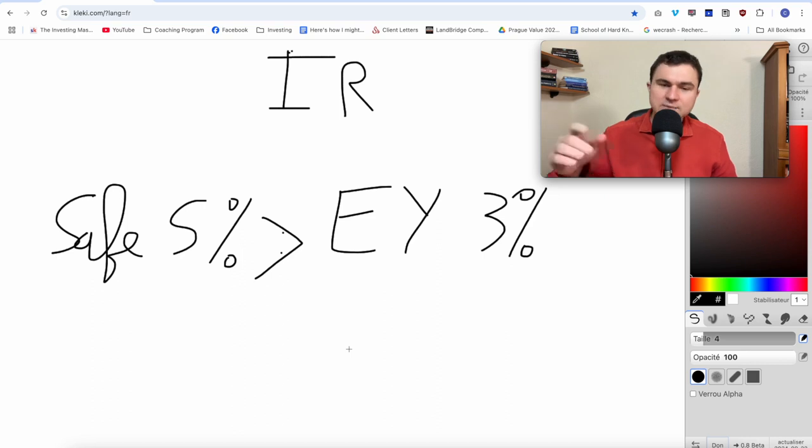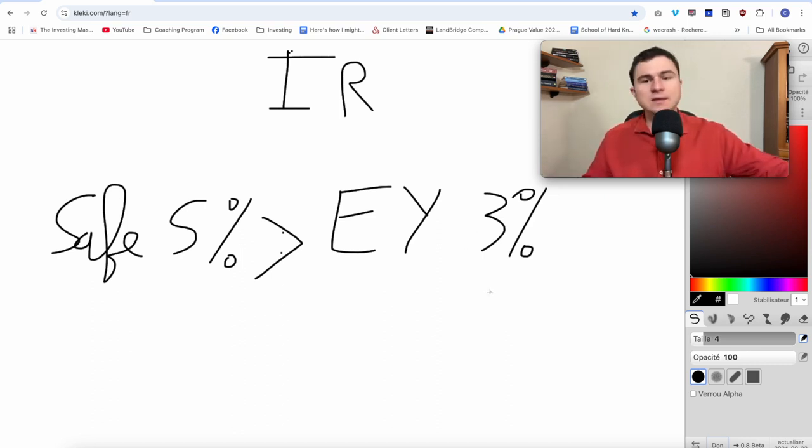You can say yes, but the earnings yield will not always be like this. The earnings of the S&P 500 will grow, so you have a growing pie. But some people are not comfortable having an earnings yield of 3% for the S&P 500. Some people don't like a PE ratio of 30. They think it's too expensive.